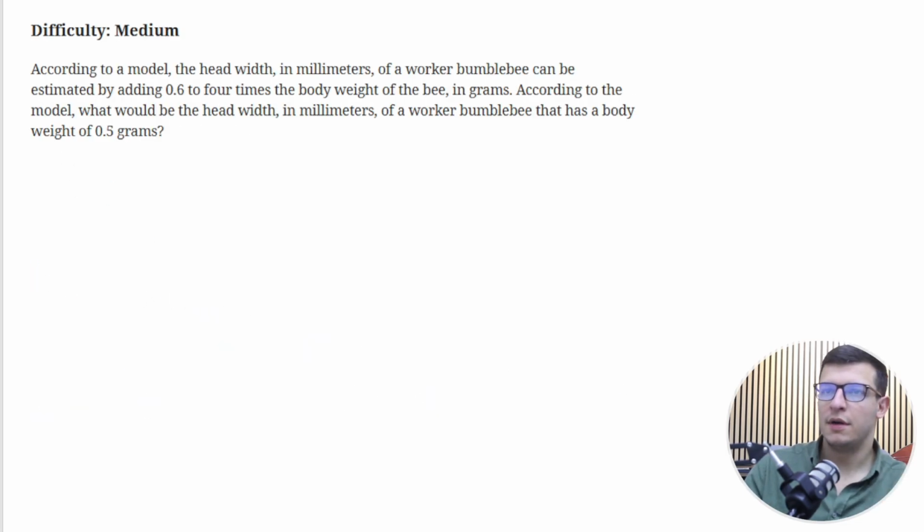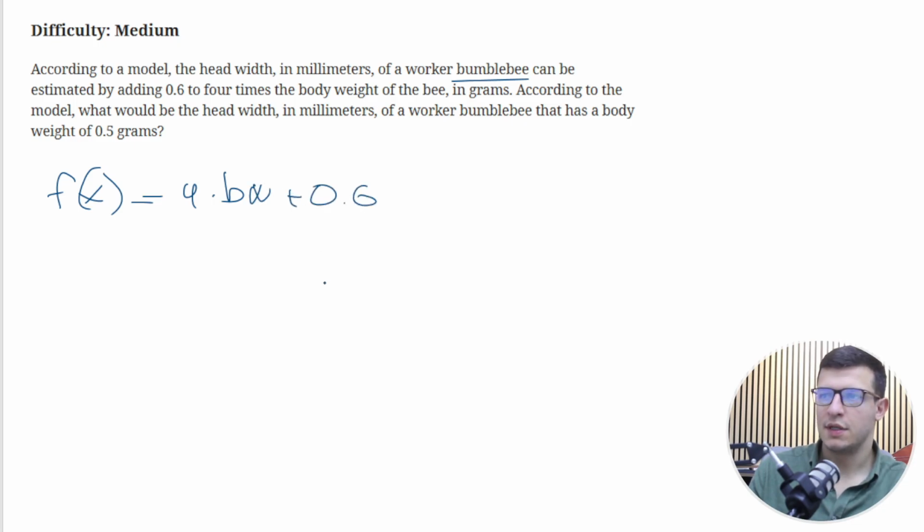According to a model, the head width in millimeters of a worker bumblebee can be estimated by adding 0.6 to 4 times the body weight of the bee. So the equation says f(x) should be equal to 4 times the body weight, by adding 0.6 to it. Okay, that's our equation.